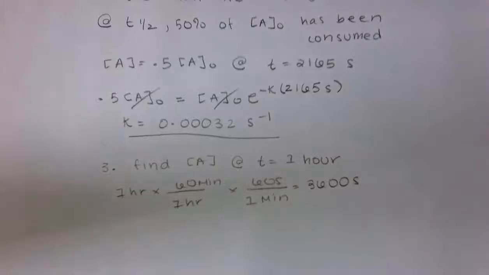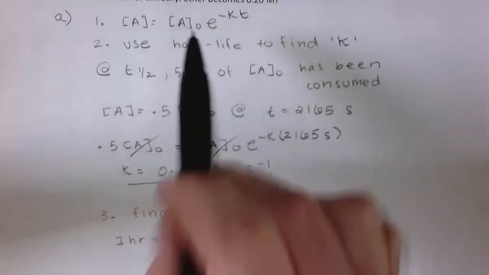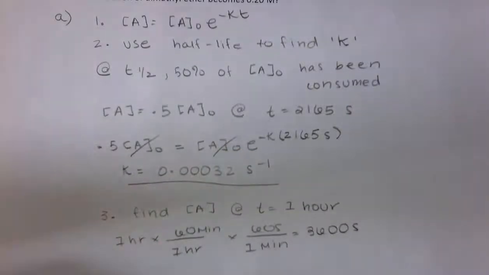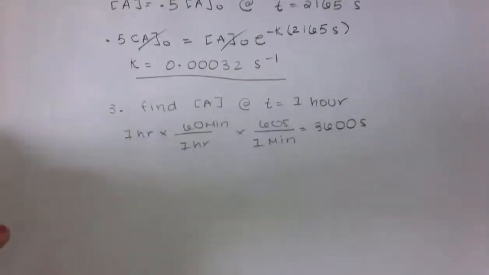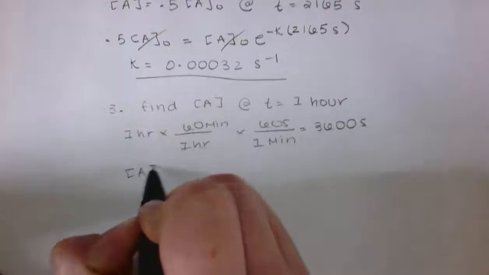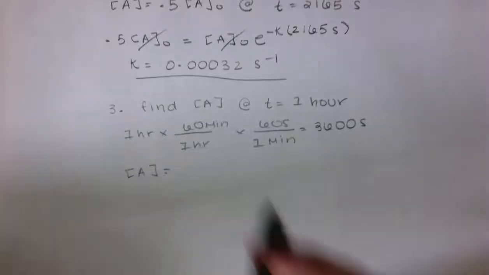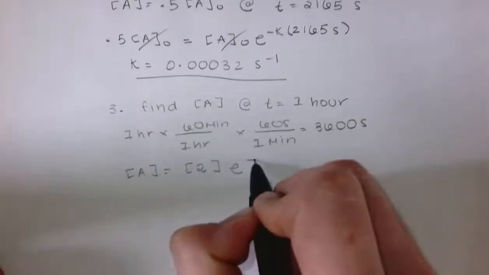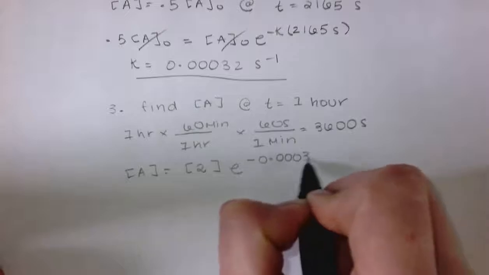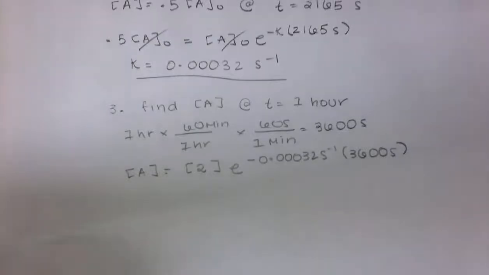So now that I have that, I can plug into my equation that I found in step 1 here to find the concentration of A after 3,600 seconds. So the concentration of A equals the initial concentration of A, which in the problem statement we were given is 2 molar, times e to the negative k, which is 0.00032 inverse seconds, times 3,600 seconds.